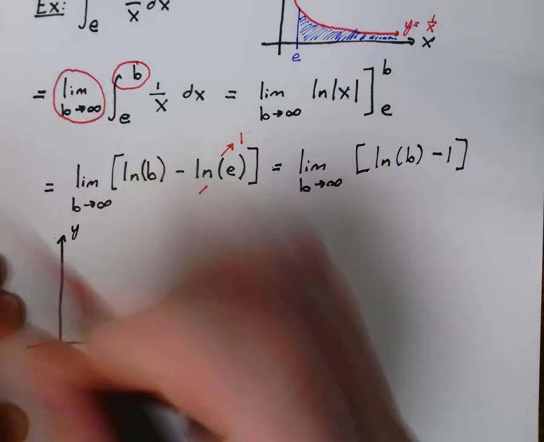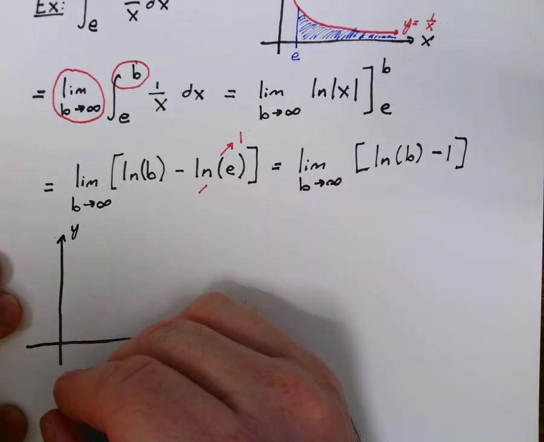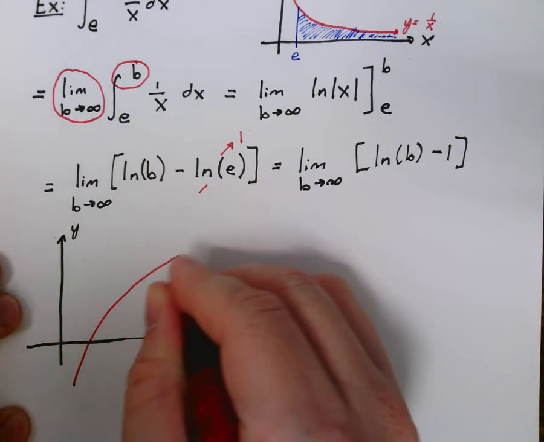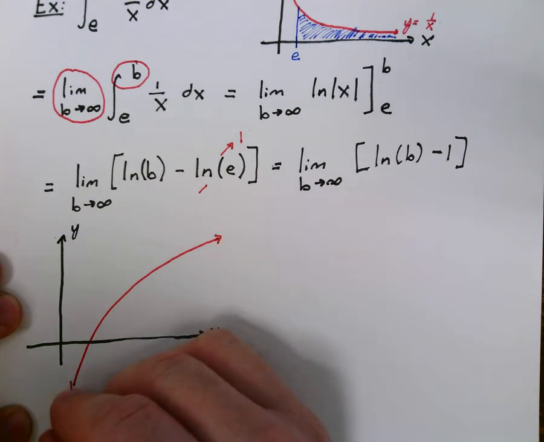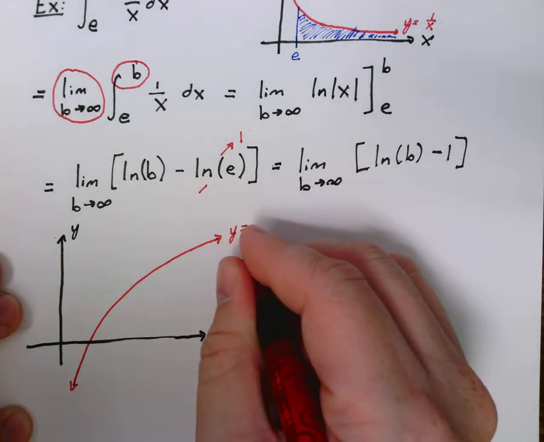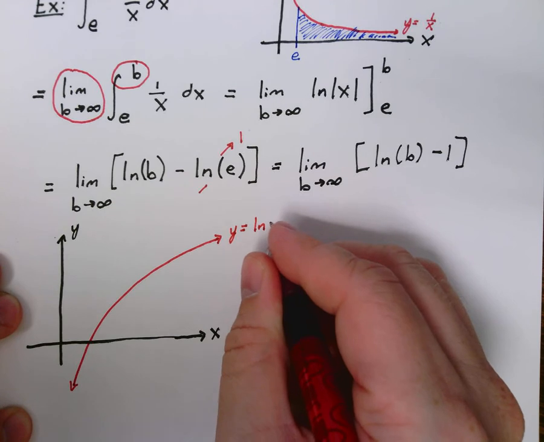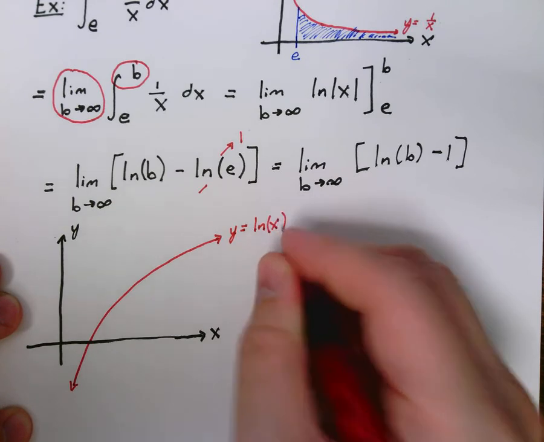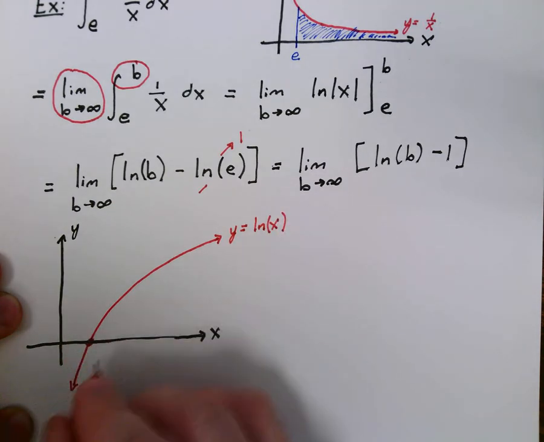And you'll see that the natural log of x looks like this. Right? And this goes through the point here at 1, 0.